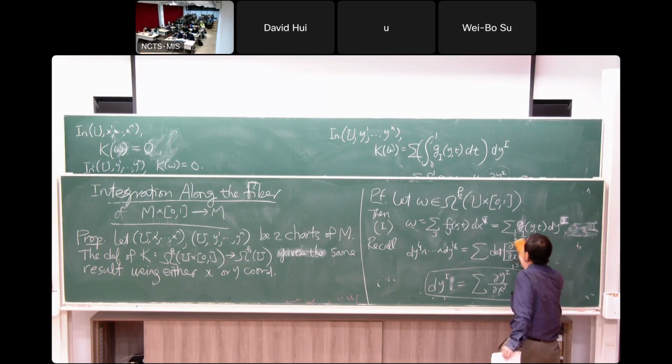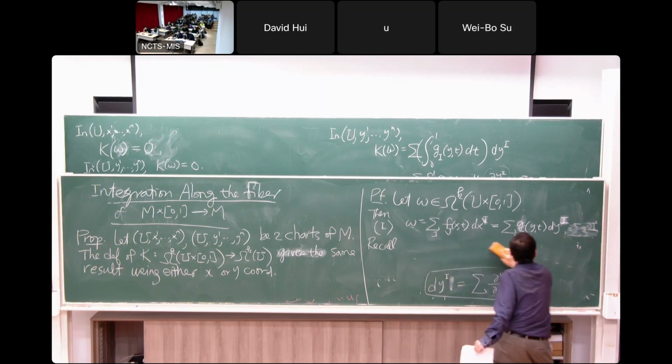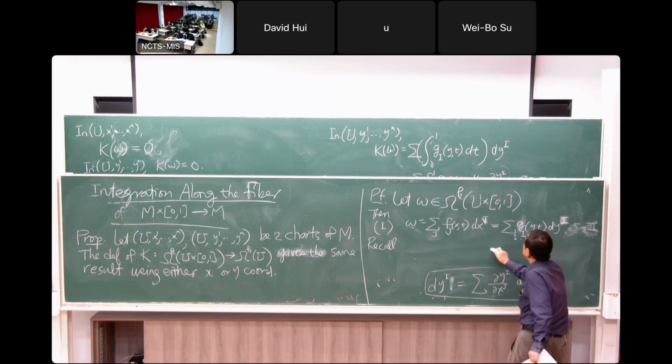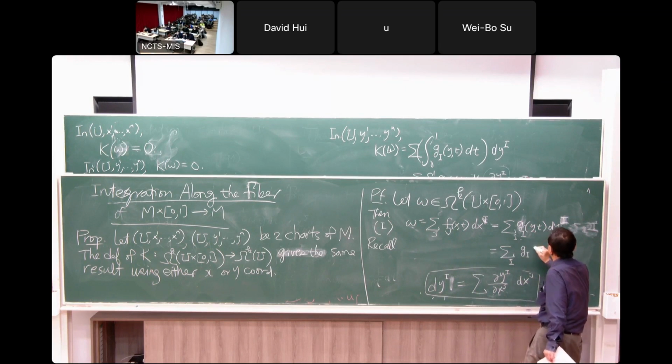Let me see. So this is GI dyi, which is dyi over dxj, dxj.